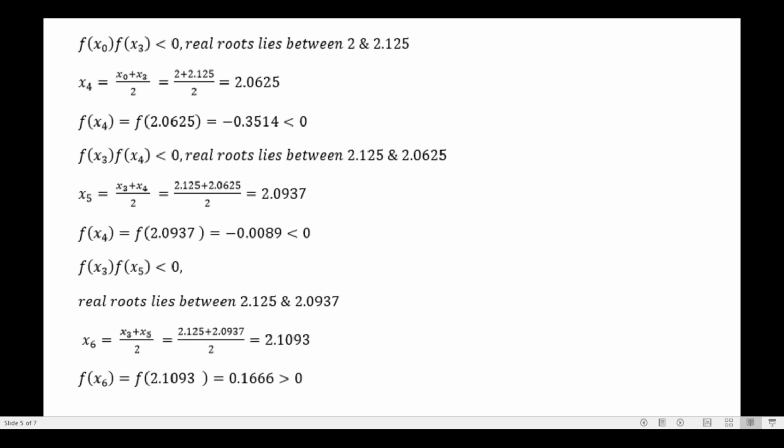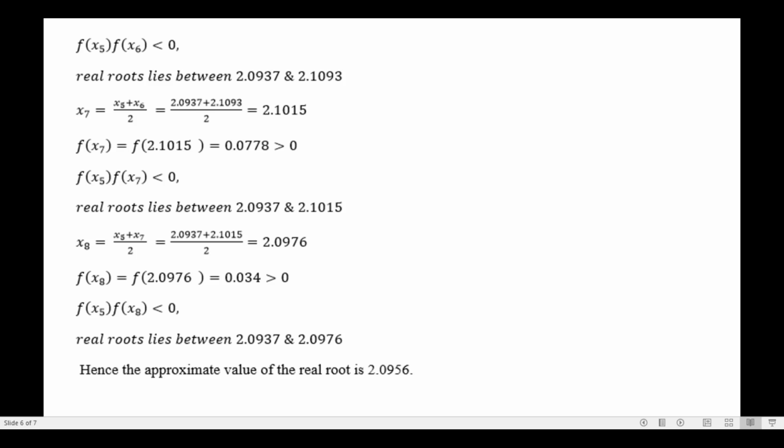Already we know f of 2.0937, for that we got a negative quantity. But 2.1093 is a positive quantity. So we can say the root lies between 2.0937 and 2.1093.